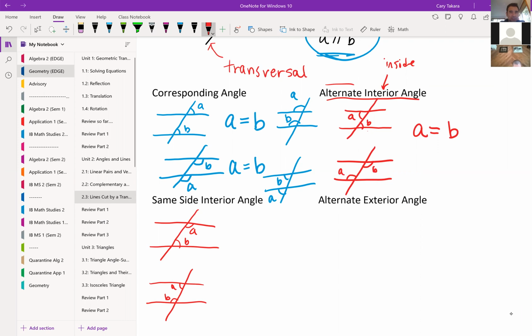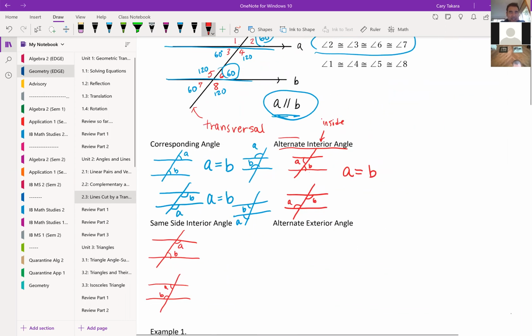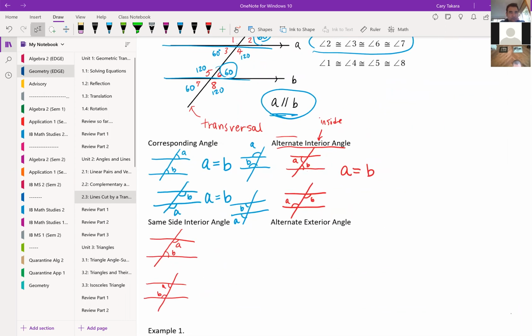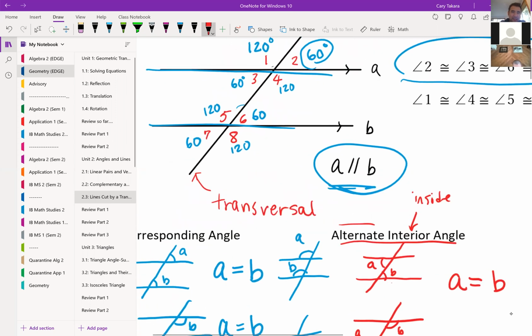Now, are they equal to each other? Are A and B the same? It's kind of like this one, isn't it? Like a 120 and 60. They are not the same. Those guys, 120 and 60, they are same side interior angles.